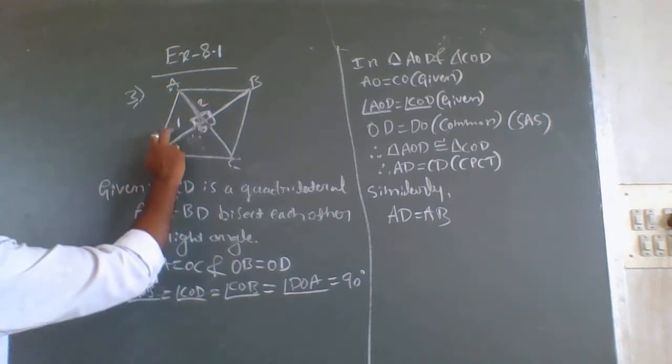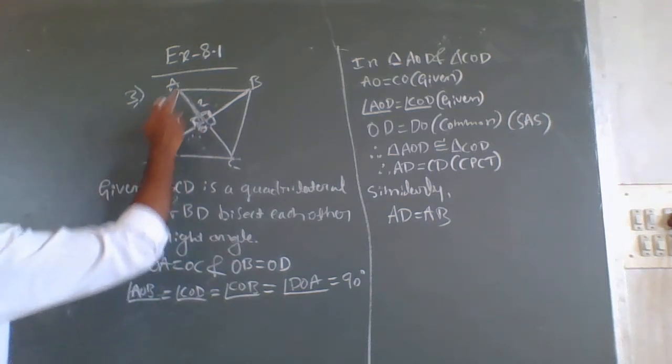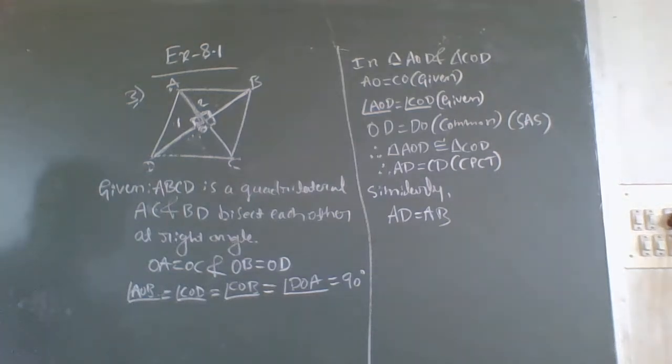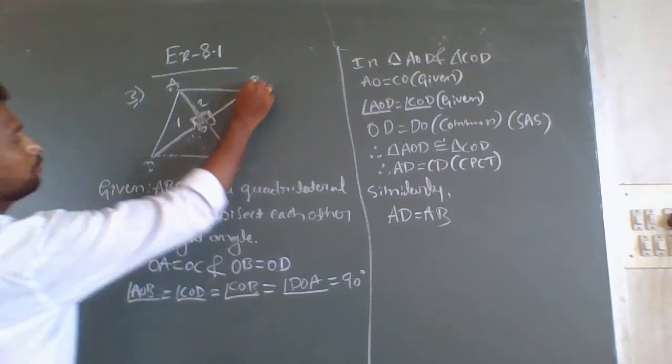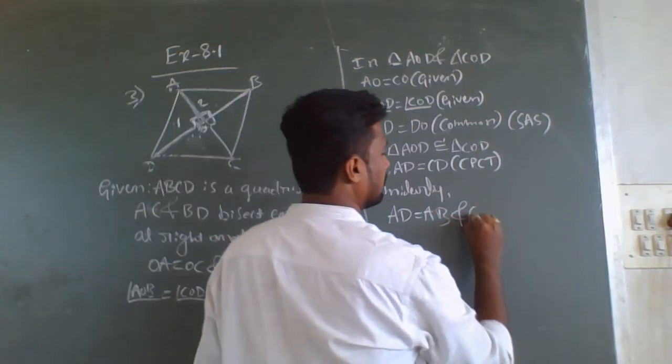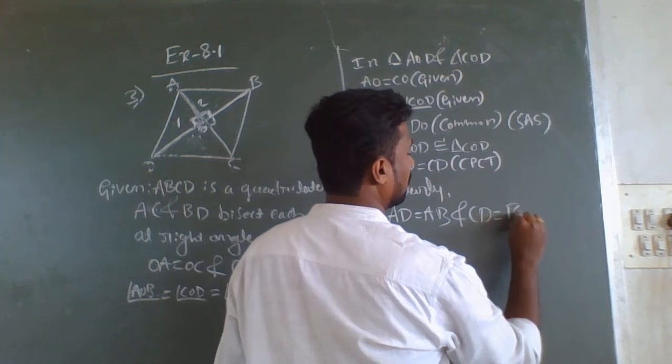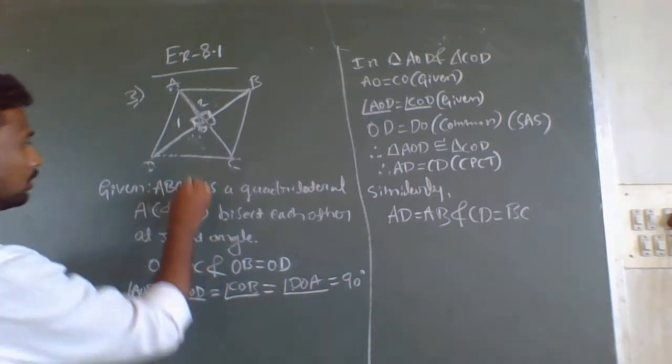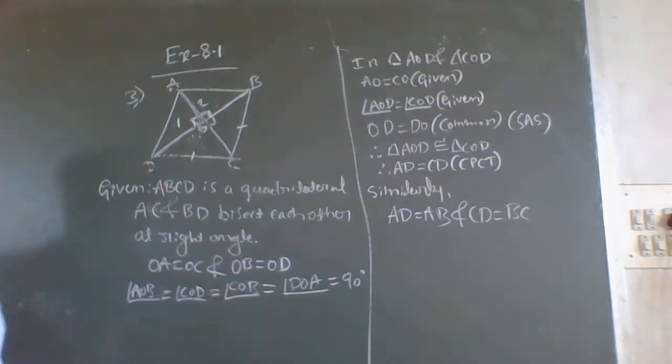Therefore, these two triangles are congruent. Therefore, AD is equal to AB. Like that only, you can prove CD is equal to BC. You can prove these two sides are equal.